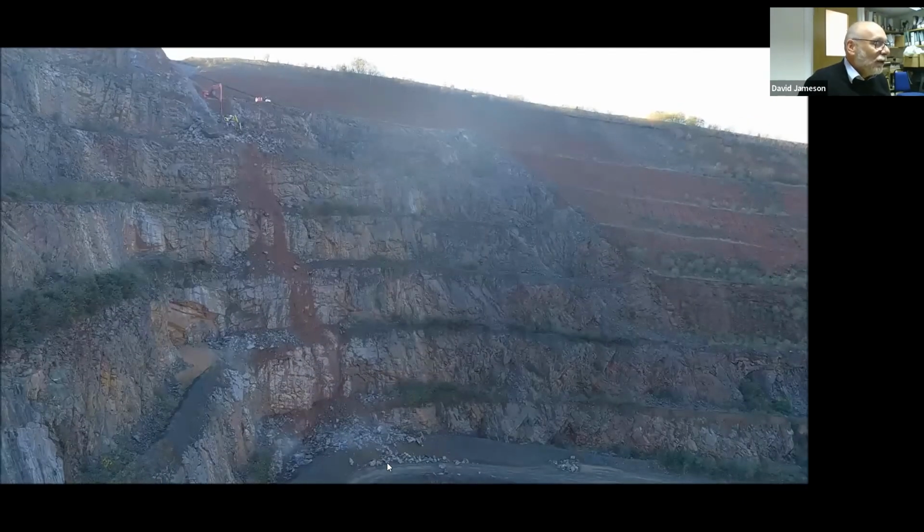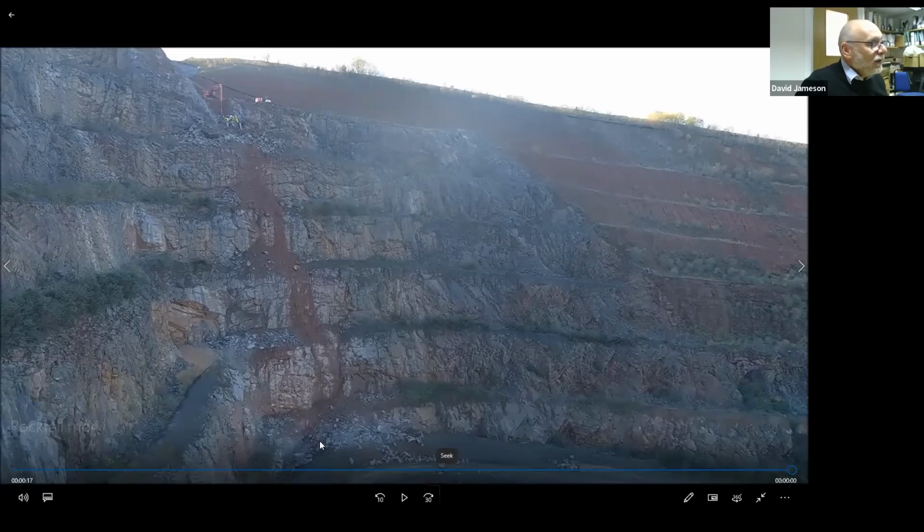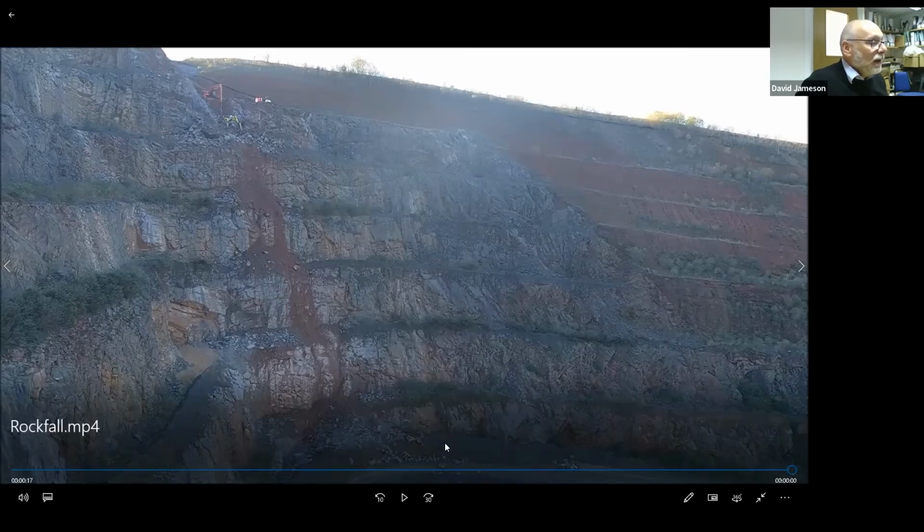And you can see what's happening. Most of the material is being held within the rock trap. There's some debris which has gone over the front, and which has been scraped back and pushed to the corner. But essentially, all the material is falling into the rock trap. The road was closed when all of that material was being cast over the face.